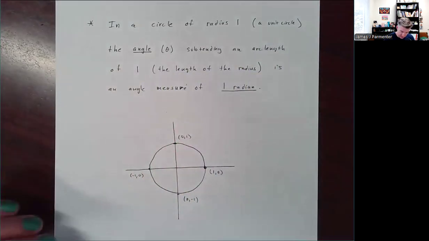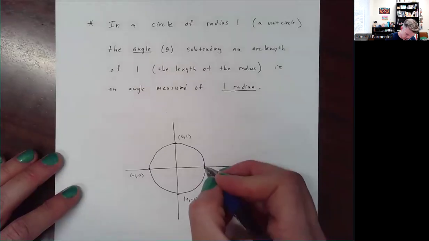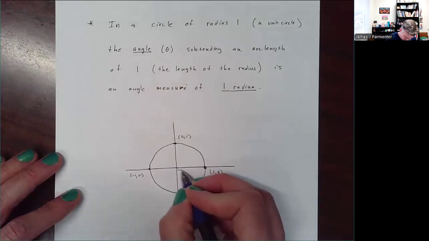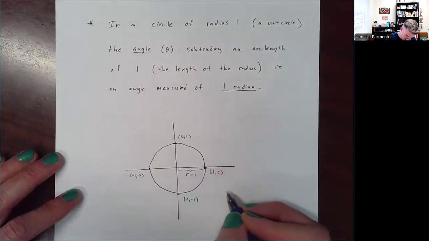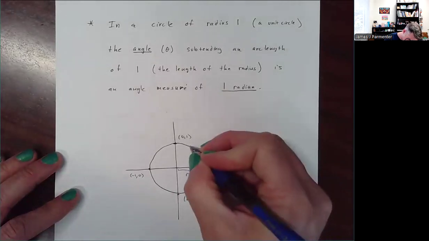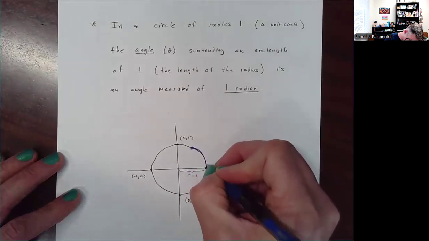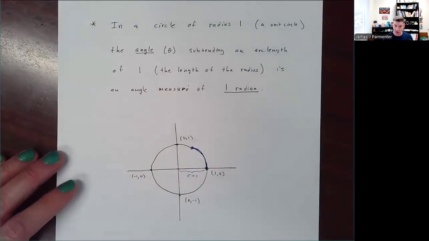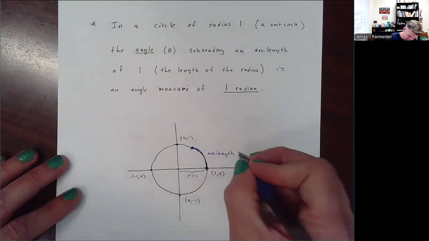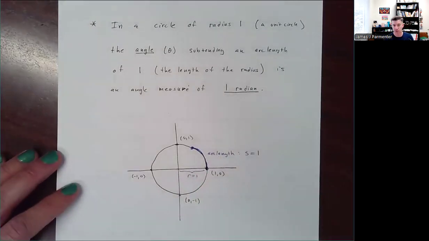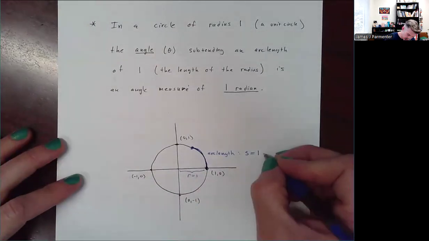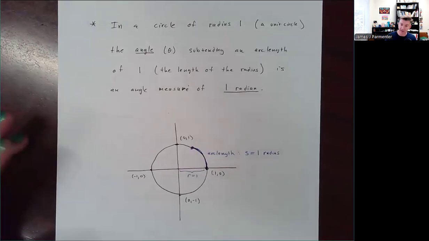It means that if on this circle you took a length around the circle that was just 1 long, the same as the radius equal to 1, then that arc length, which we often call S, is equal to 1. That arc length is really 1 radius worth of length.